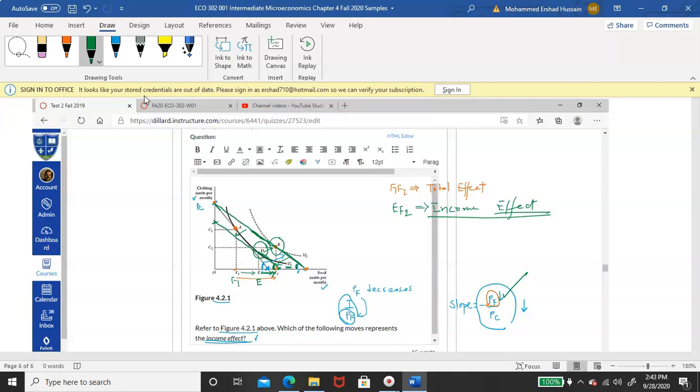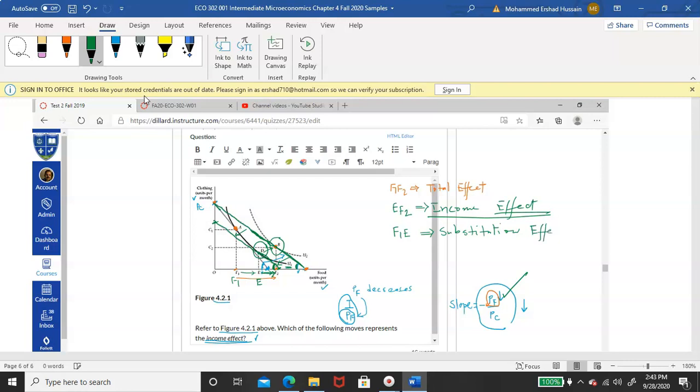So this is one important difference. And then in this graph, the substitution effect will be F1 to E. That is the increase in food consumption coming from the substitution effect, right?